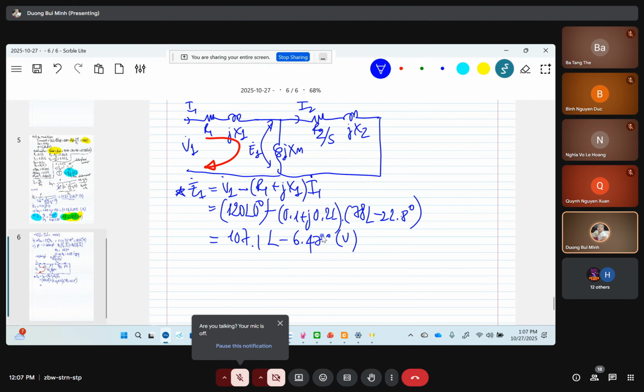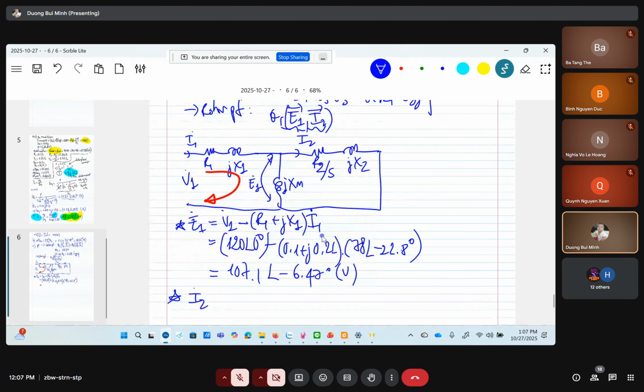Then we need to calculate I2. We apply the current divider. For the current divider, this is I1 and this one is IM, and this is I2.